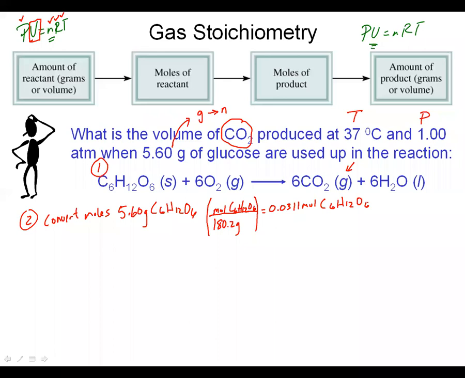So just like a normal stoichiometry question, we want to go to the equation, and we see for every 1 mole of glucose, we get 6 moles of the CO2. So that's just like the third step in a traditional stoichiometry problem. We're going to take the moles of our glucose.